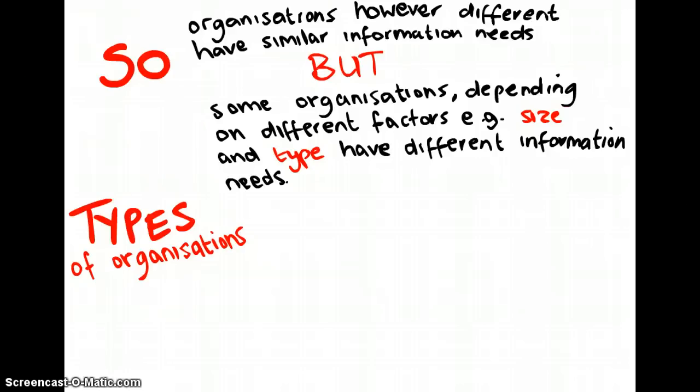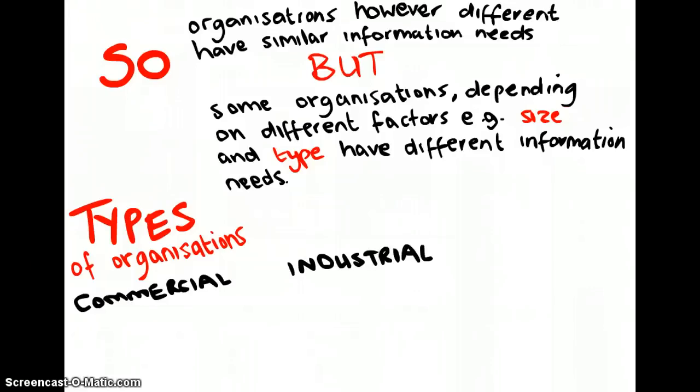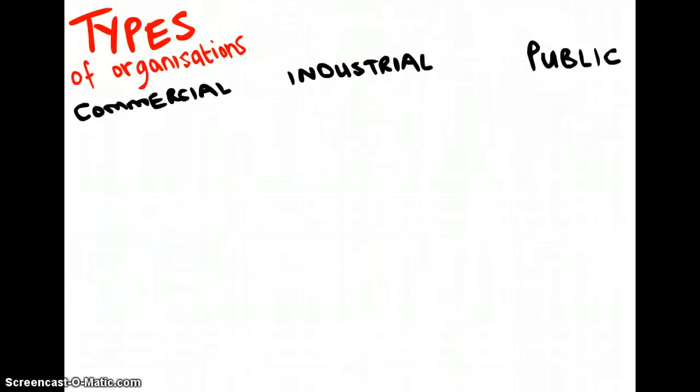There are three main different types of organisations, and they are commercial, industrial, and public. And each of these different types of organisations will have different information needs. Let's start by taking a look at the differences between these different types of organisations.